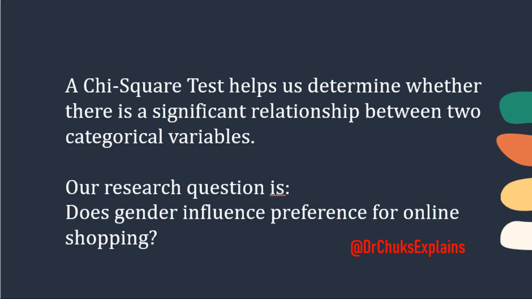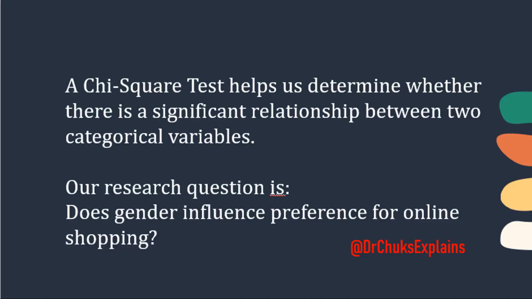Our research question for this illustration will be: does gender influence preference for online shopping? Of course, the hypothesis from this could be gender does not have significant influence on online shopping. That is the null hypothesis.